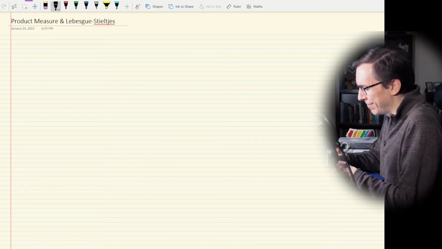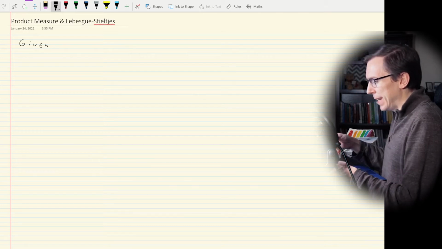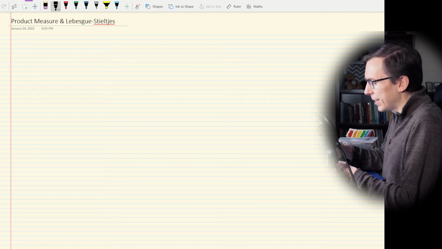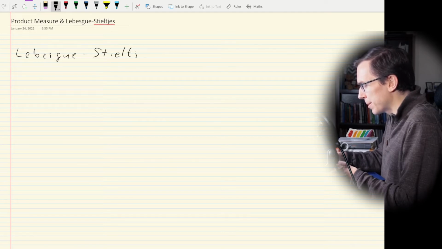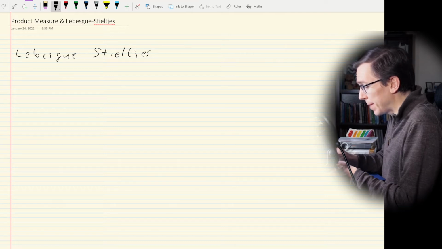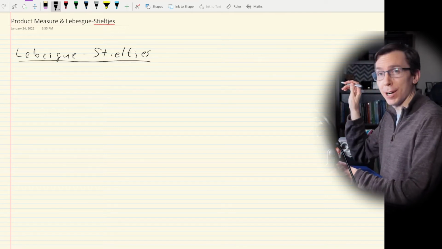Anyway, I should maybe write that down because I'm actually doing these backwards. We'll do Lebesgue-Stieltjes first, and then we will do some product measure, and hopefully we make it all the way to Fubini's theorem before I run out of tea.